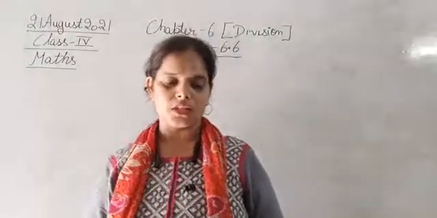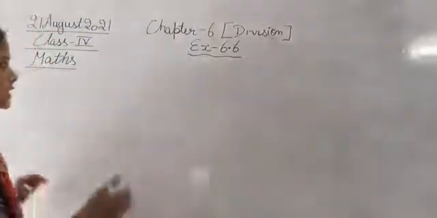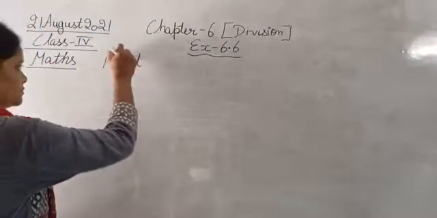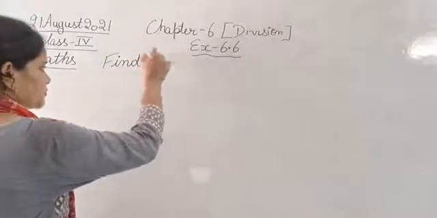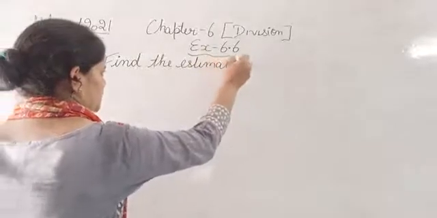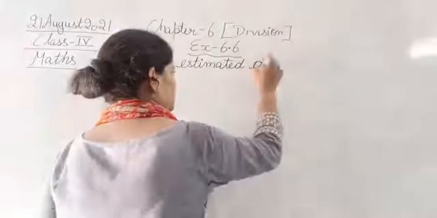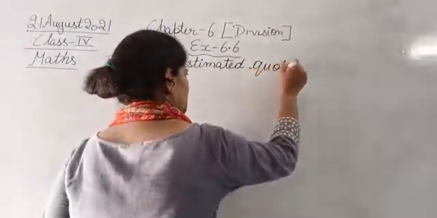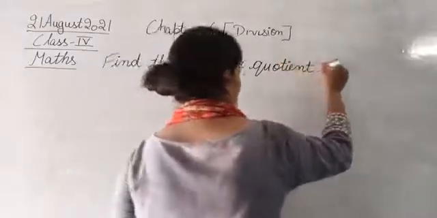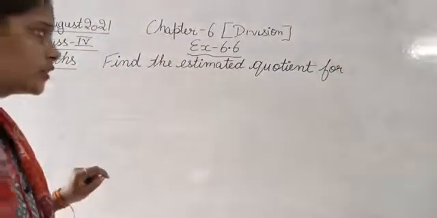The question is, find the estimated quotient for the following. This is the heading: find the estimated quotient for the following.